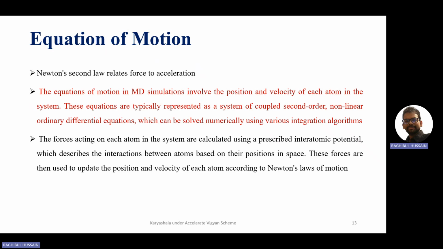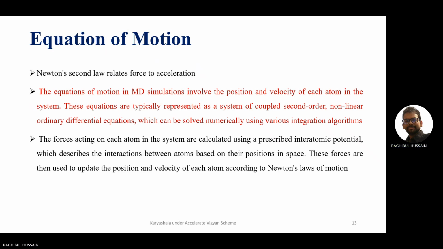the equation of motion in MD simulation involves the position and velocity of each atom of the system. These equations are typically represented as a system of coupled second order nonlinear ordinary differential equations because it's F equal to m d2x dt2, right?